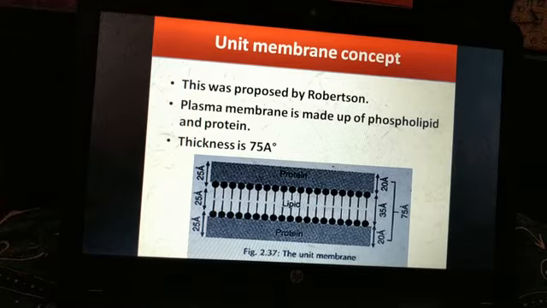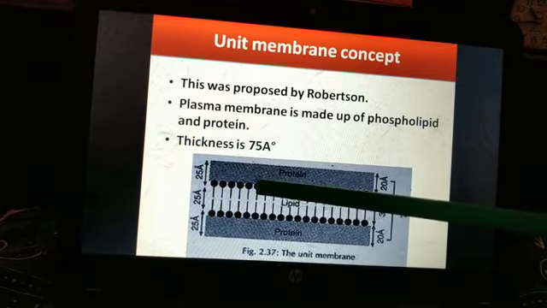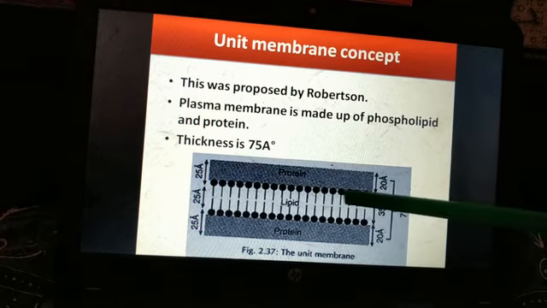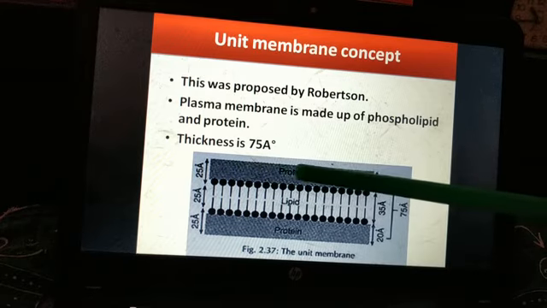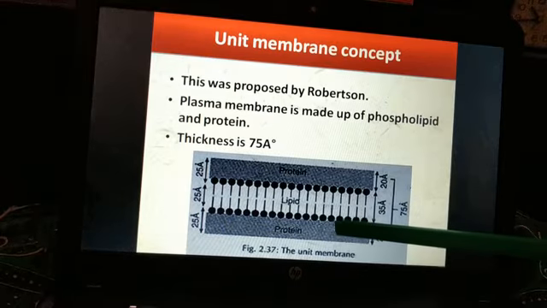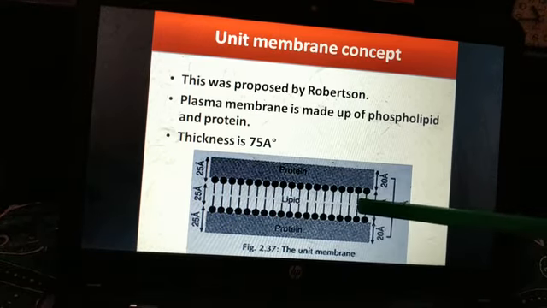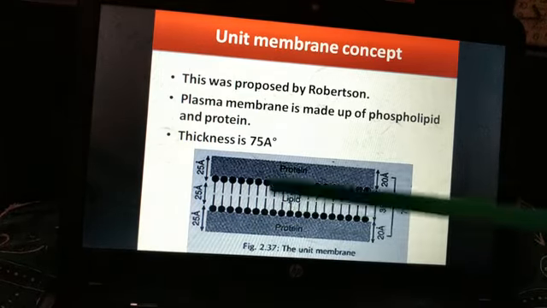So you can see here in the diagram, he said that it is made up of phospholipid and proteins. So these are the phospholipid, and on top of this is the protein, and below also protein is present. So phospholipid is present in between and on both sides proteins are present.